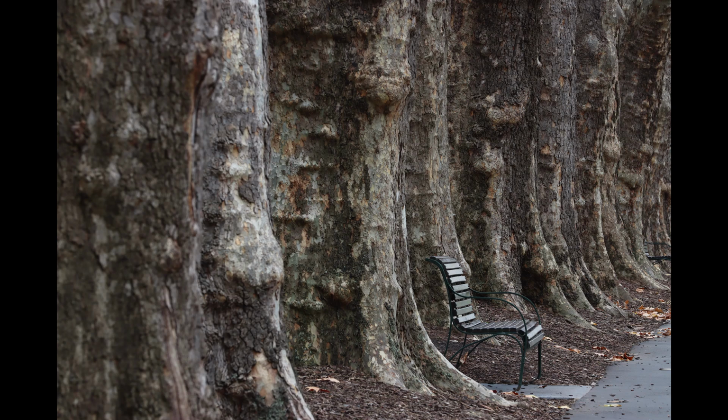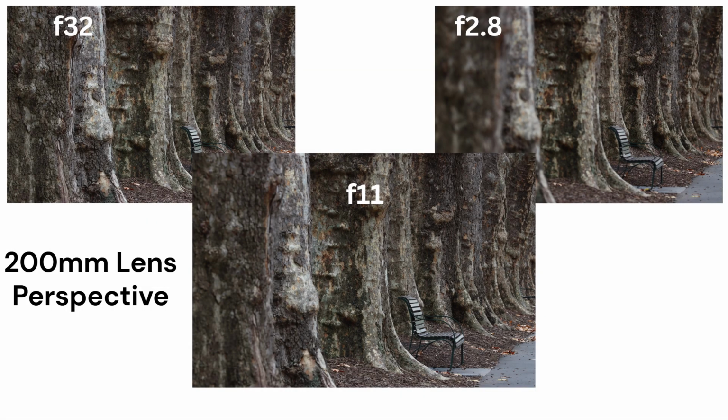So the chair in this case is in focus, so is the tree at the back where the main focus was at. However, there are more things in play at the same time, but with a 200mm perspective from this distance, these are the results that you get, and obviously everything in between.